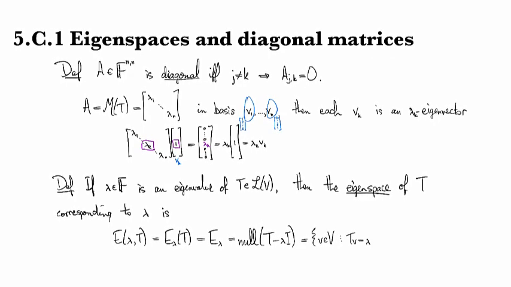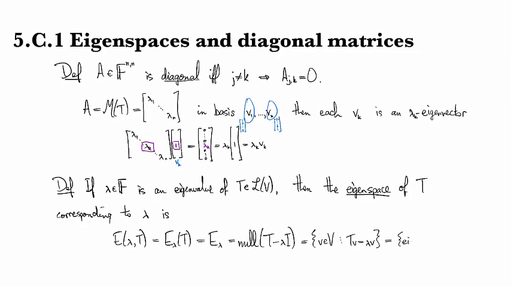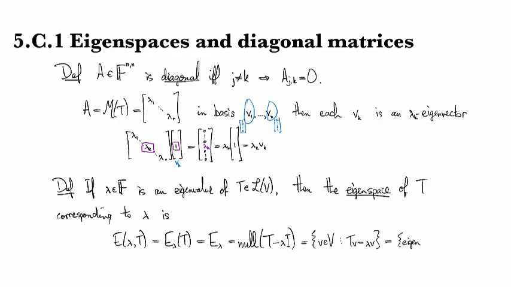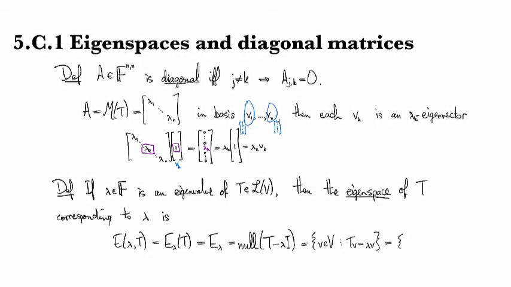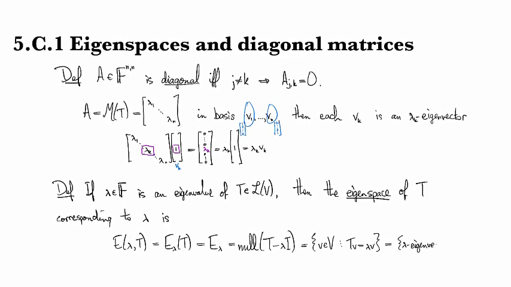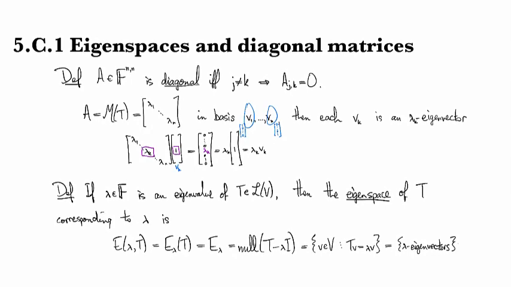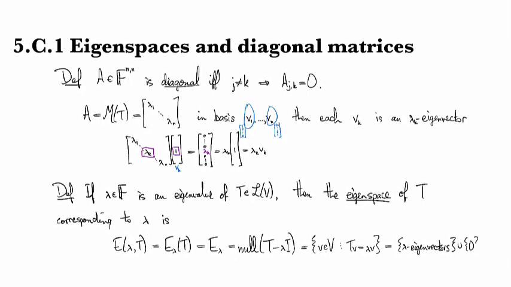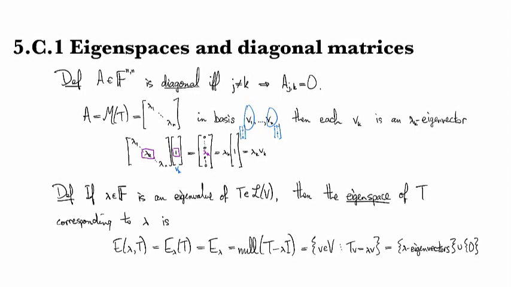And so this is all of the elements of V that satisfy the eigenequation. And so those are the lambda eigenvectors, together with 0, because 0 is not an eigenvector, so we have to throw it in on the end.